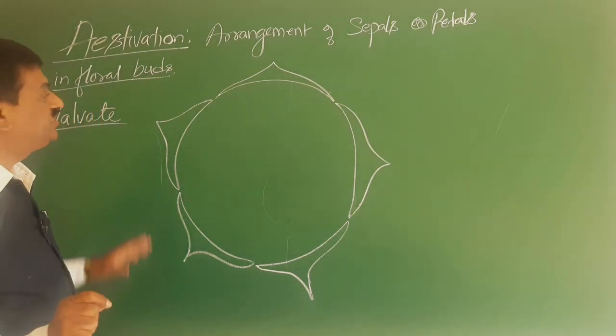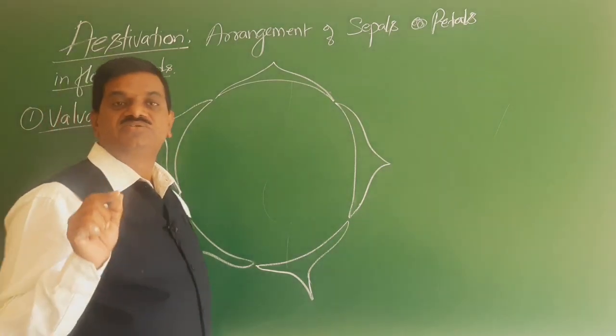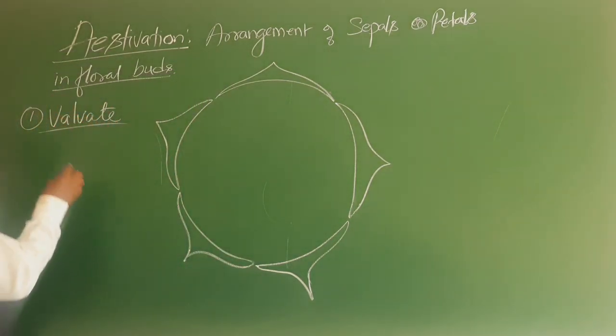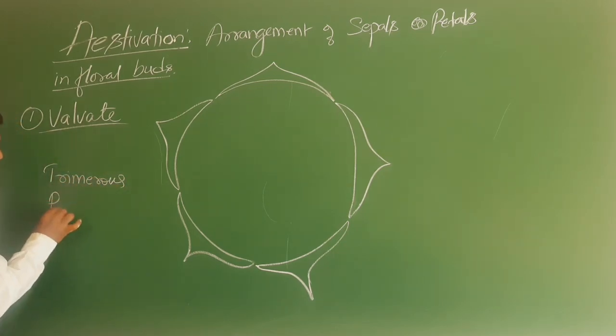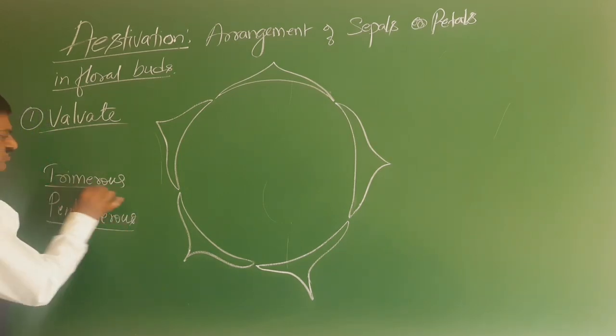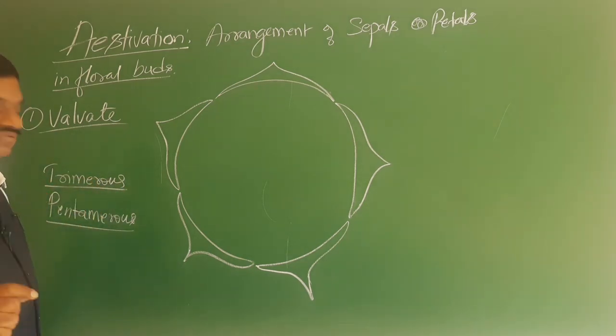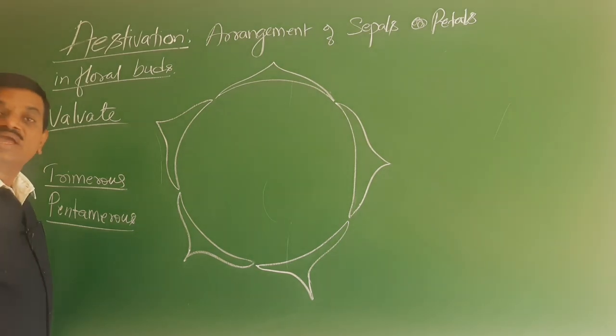Valvate estivation means, in a pentamerous flower, there are two words, one is trimerous and the other one is pentamerous. I am making it clear about these words. Trimerous means only three tepals or three perianth are present.